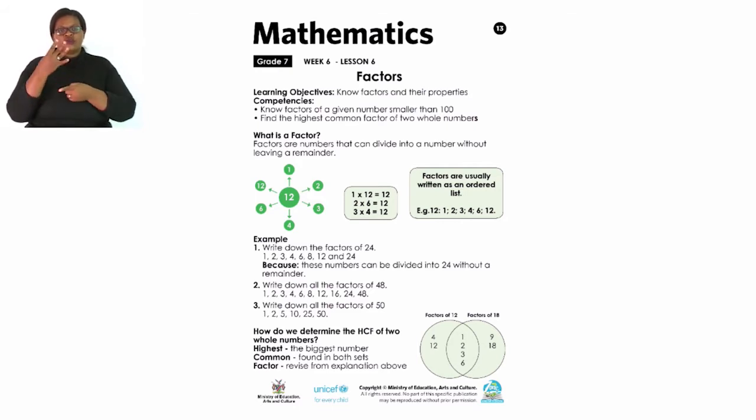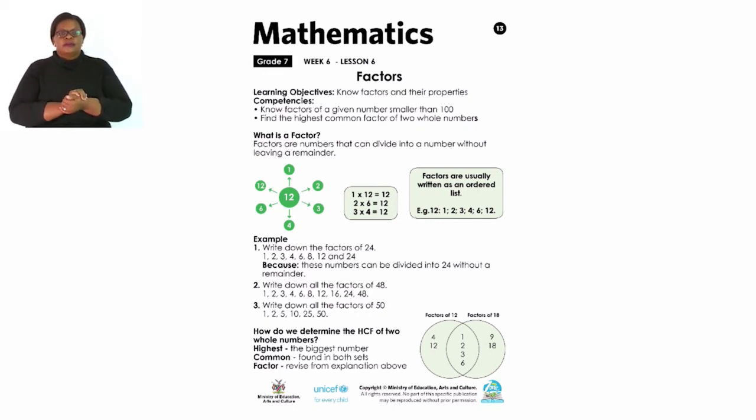Because if I divide those numbers into 48, they can divide into 48 without leaving a remainder. Number 3 on page 13: if you are asked to write down all the factors of 50, you will find that the factors of 50 are 1, 2, 5, 10, 25, and 50. That is how we find factors.